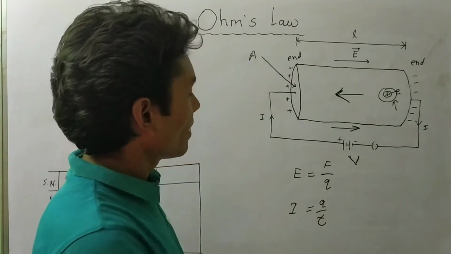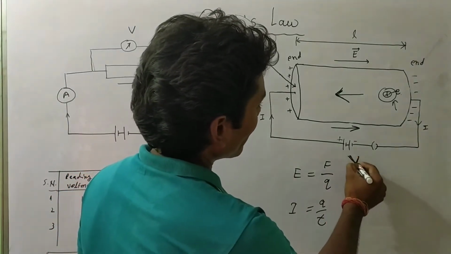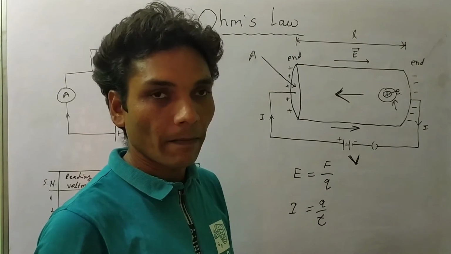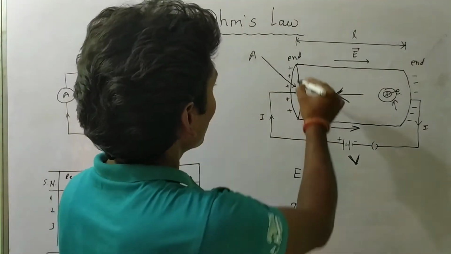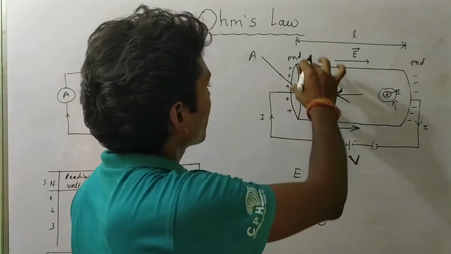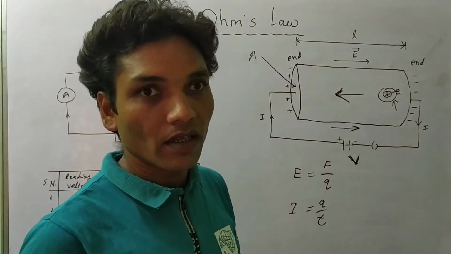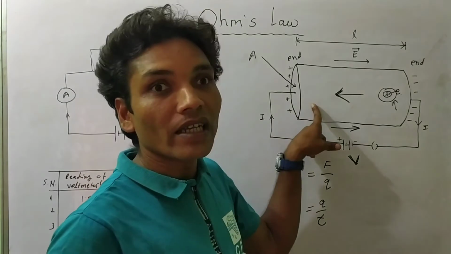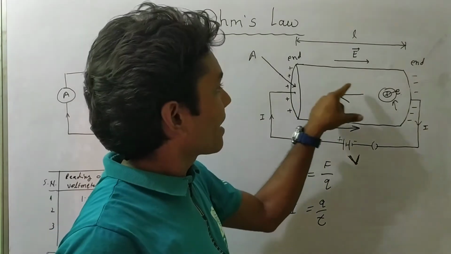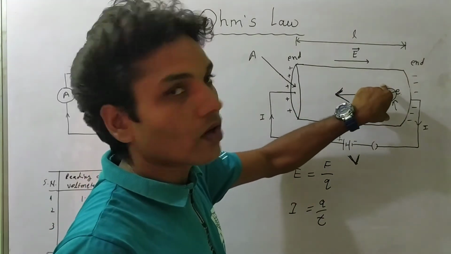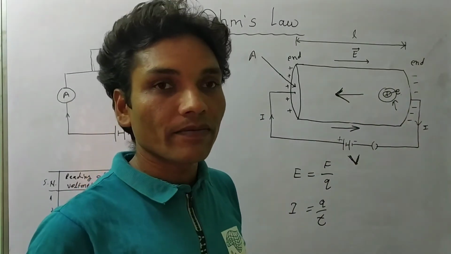Let this potential difference be increased, so on the positive face the positive charge will be increased. Positive charge increased means the attraction force on the free electrons will also increase.